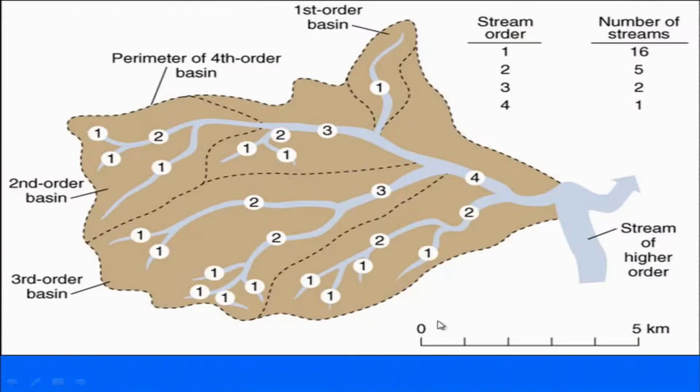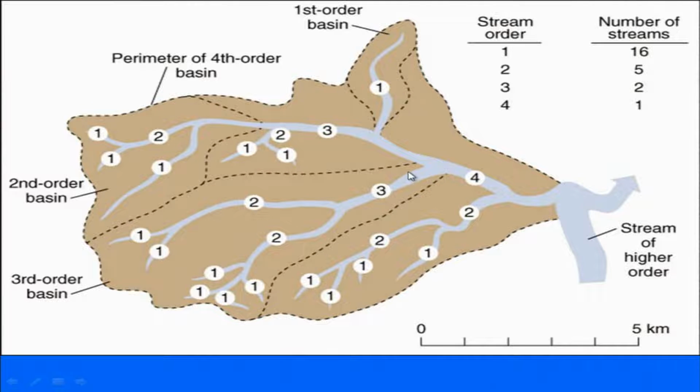So considering the Strahler classification of stream ordering, we have the first order stream, we have second order, and when first order and second order meet, it still remains second order, but when two second order streams meet, it becomes third order, and so on. Two third order streams result in the fourth order.